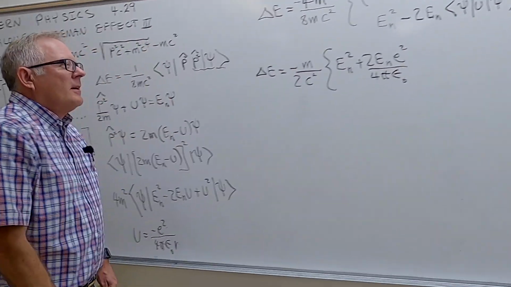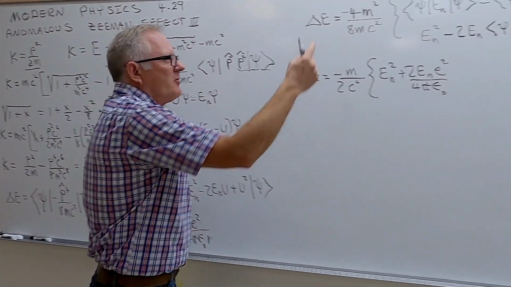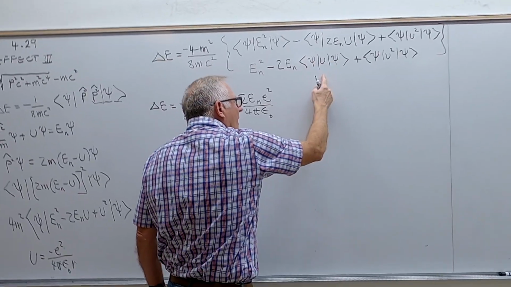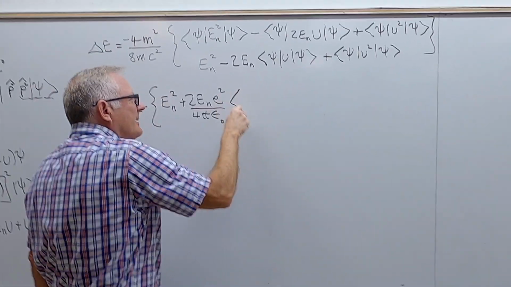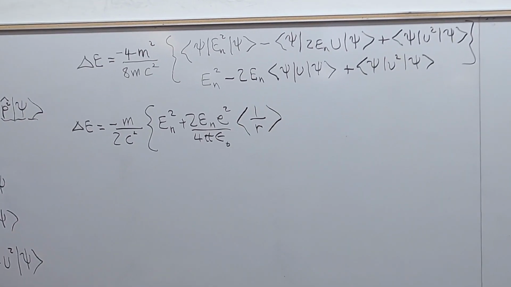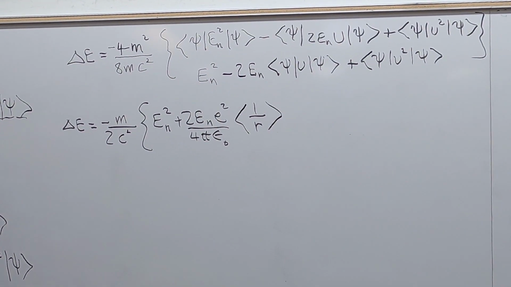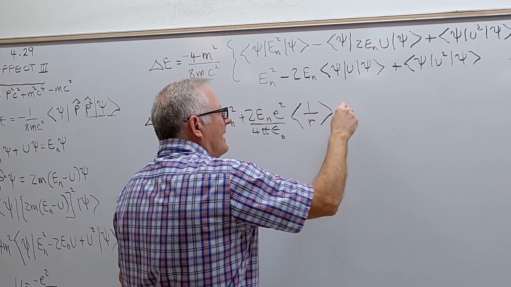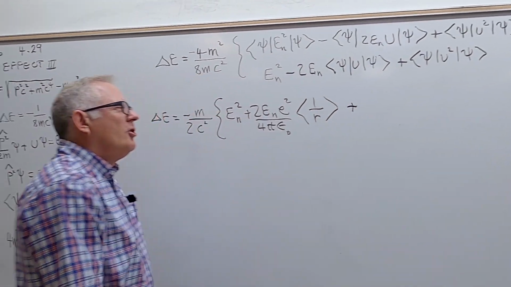And then what do we end up with? We end up with psi 1 over r psi. Well, that's just the expectation value of 1 over r. Remember, that's just the expectation value. And then we got plus u squared.